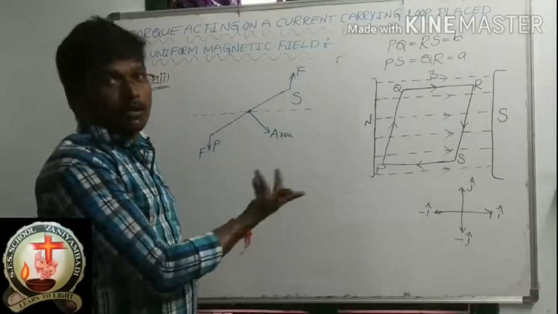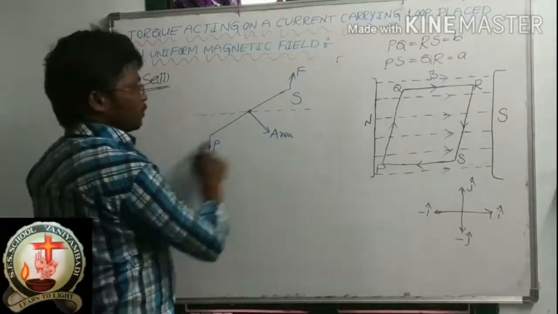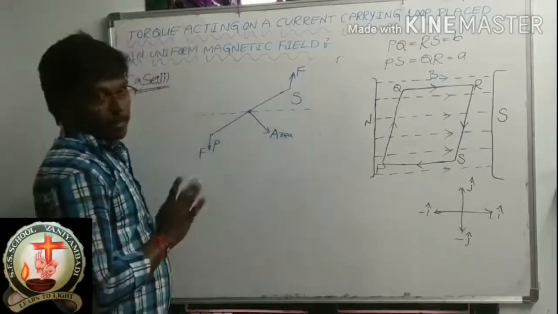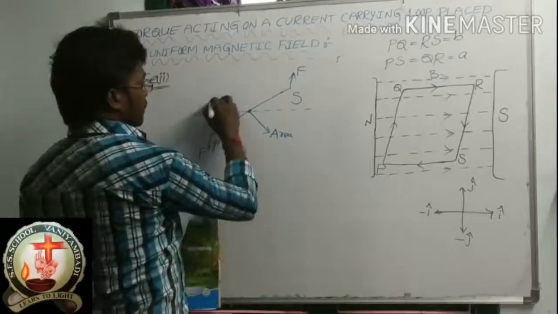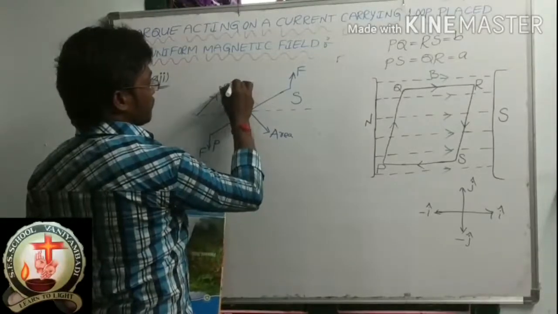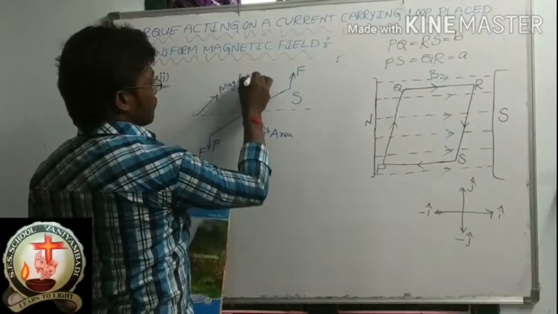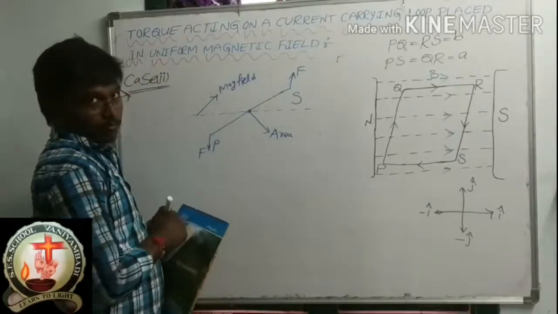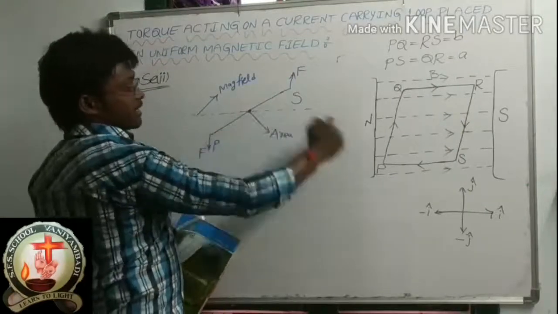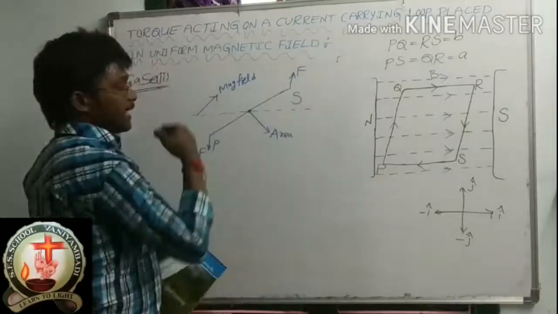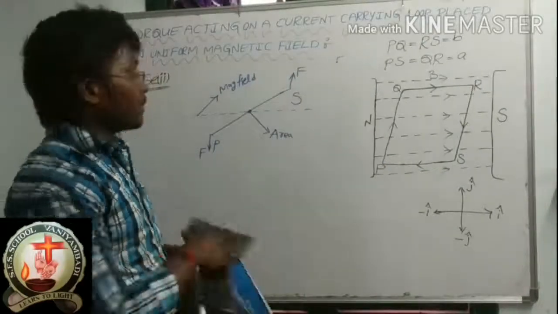If you can't understand, you can absolutely draw the North Pole and the South Pole also. So this is the magnetic field B, this is the PS, and this is the area.